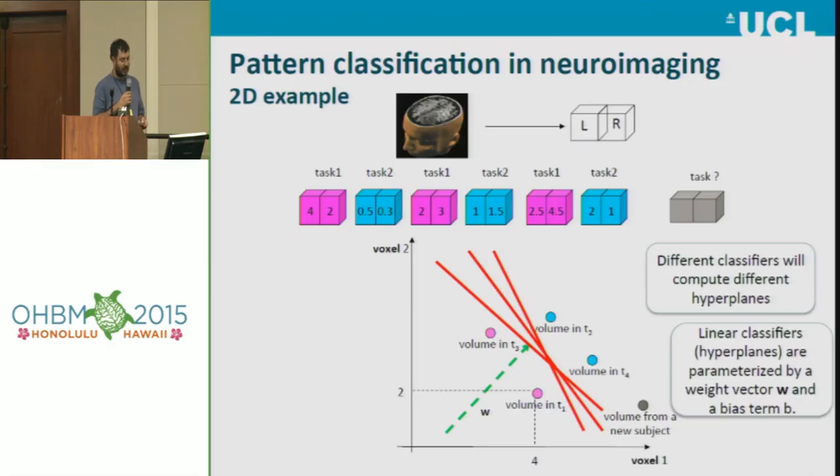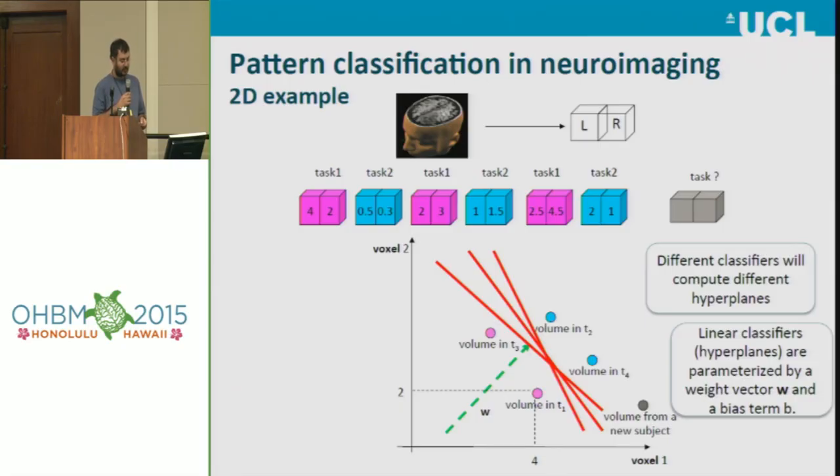So one way of thinking about how we do this in machine learning is to basically plot the one voxel against another. So here it's a bit busy, the slide, I can see, but we've basically plotted, so we have 2 axes on that graph at the bottom, voxel 1 horizontal and voxel 2 the vertical, and we've basically plotted the voxel intensities for the different tasks. So in pink, we have the task 1, and then we have task 2.